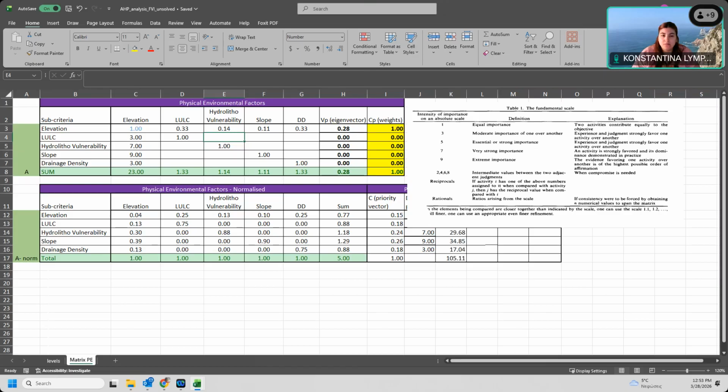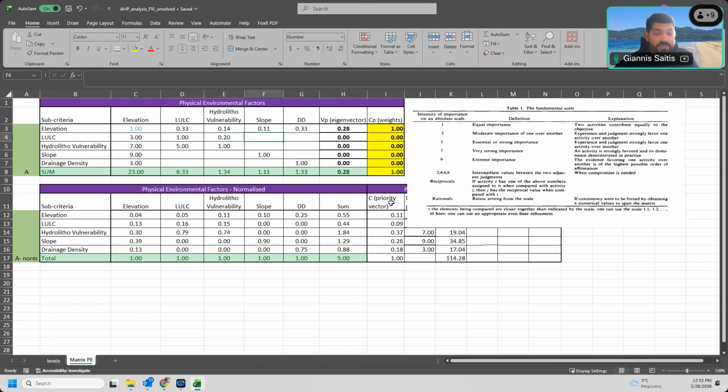Hydrolithology again more important. Okay, I agree. How much? 5, I would say, essential. Okay. 1 to 5.